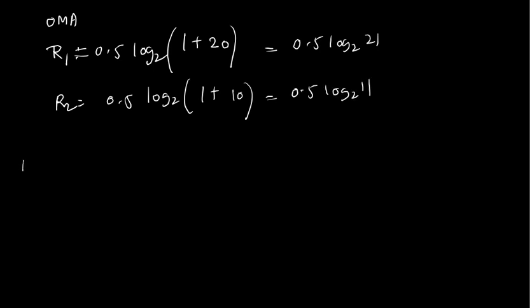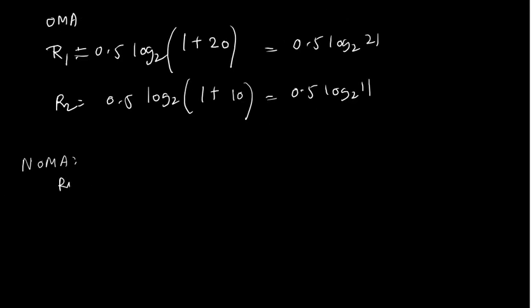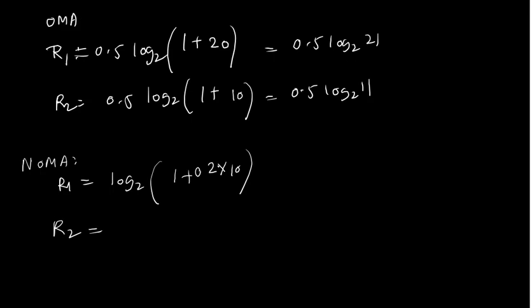In the NOMA case, what would happen? R1 is log 2 1 plus 2 into 10 into A1. We were forgetting the factor of A1, so log 2 1 plus 20 A1.